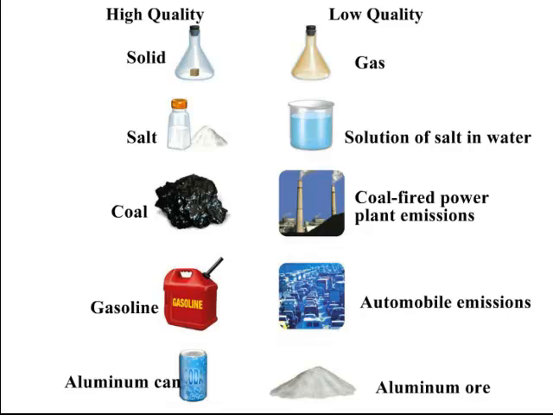We take oil and turn it into plastics. We take oil and turn it into gasoline. So we spend lots and lots of energy. We spend lots of our time converting low quality matter into high quality matter.